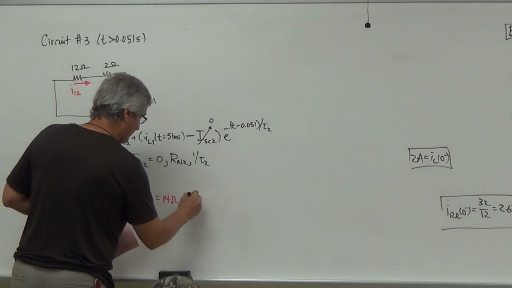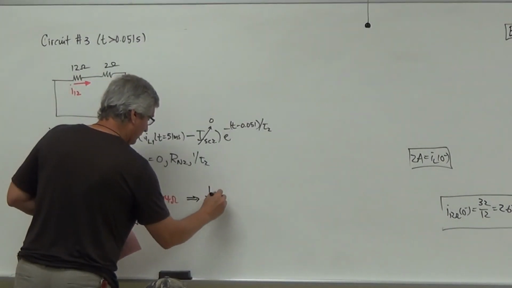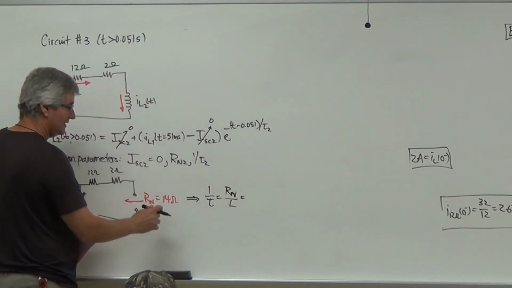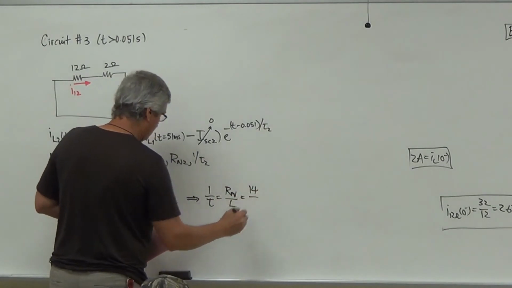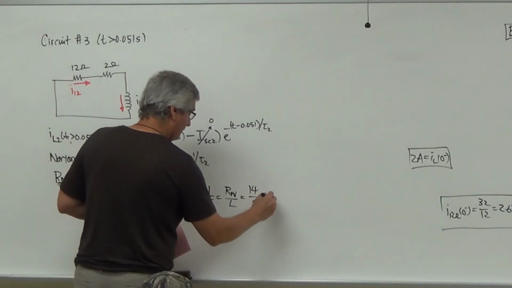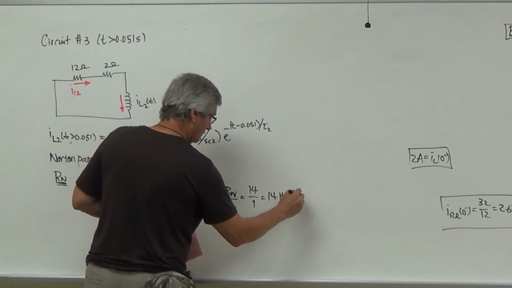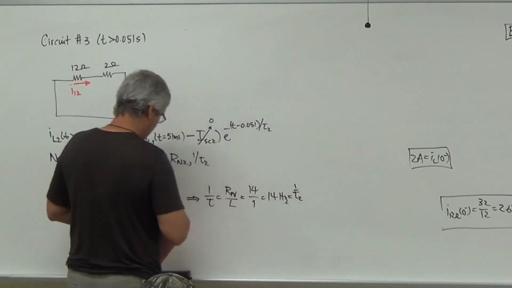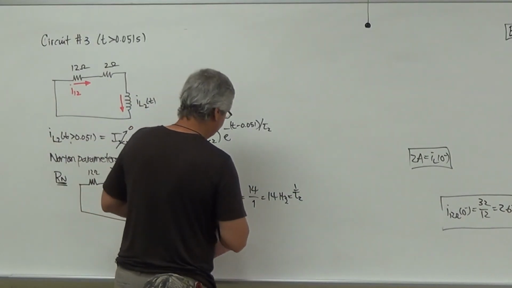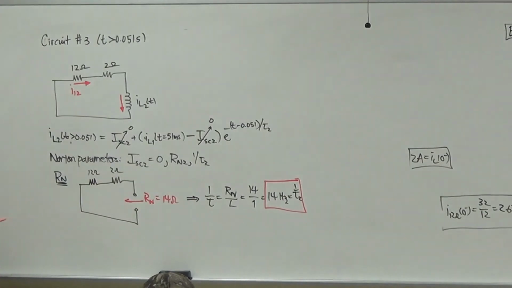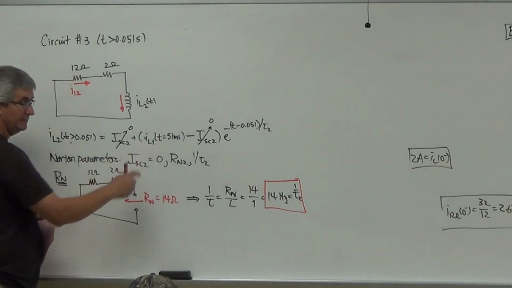So 1 over tau is Rn over L. In this case, it's 14 over 1, or 14 hertz, or tau is 1 over 14. So now I've got all of the Norton parameters, but I have to calculate this number.